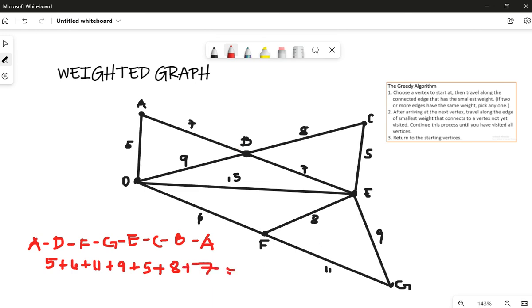Okay, so let's add this using our calculator. We have 5 plus 6 plus 11 plus 9 plus 5 plus 8 plus 7. That gives us 51.